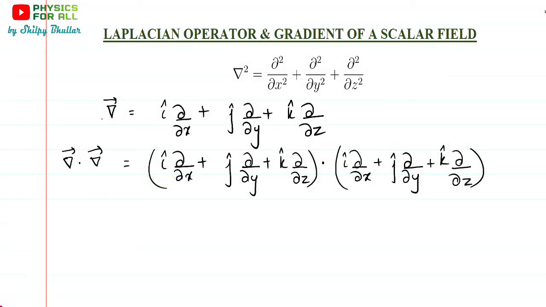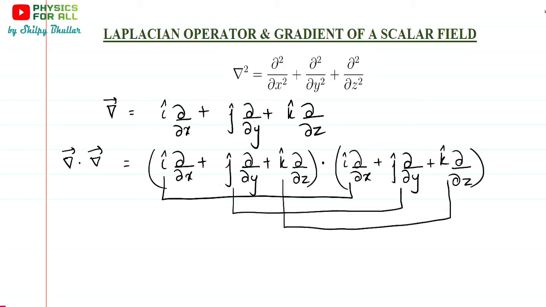Now to find the Laplacian operator, we are going to take the dot product of this del operator with itself. So we write the del operator expression, then the dot to show the dot product, and then again the del operator. Now we know that in a dot product, i cap only interacts with i cap, j cap only interacts with j cap, and k cap only interacts with k cap.